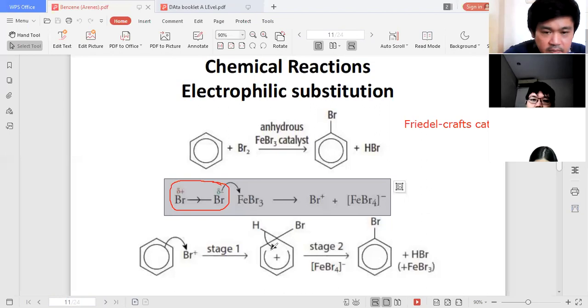At the same time, there is a partial positive. What does partial positive mean? Initially there is a double bond, and there is a partial double bond here. So the partial double bond is breaking. That makes it bond with Br and bond with hydrogen.